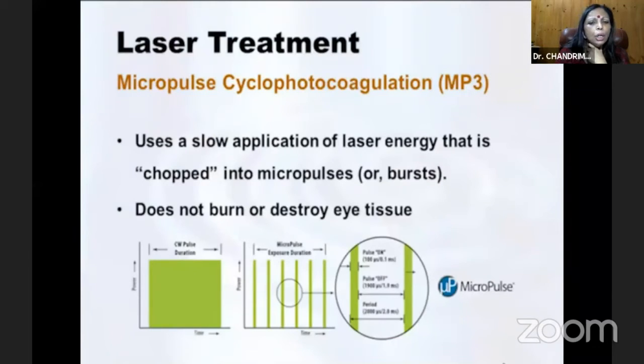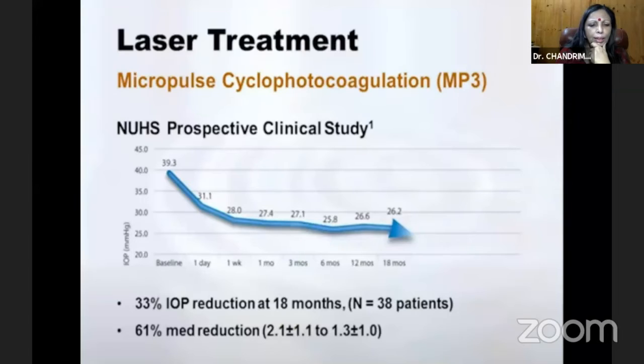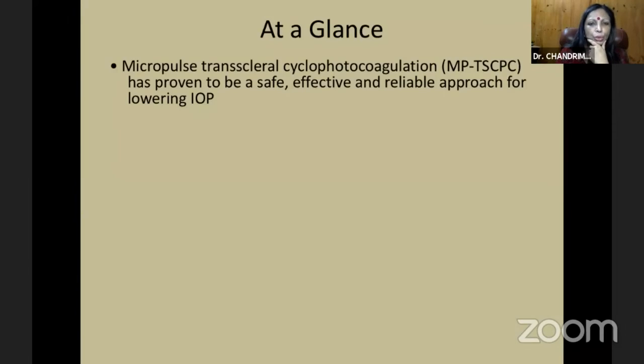Cyclophotocoagulation uses a low application of laser energy that is chopped into micropulses, and there's a gap between each micropulse that you give. It does not burn or destroy the eye tissue, and 33% of IOP reduction at 18 months has been achieved in this study, and 61% were off medication or reduced medication.